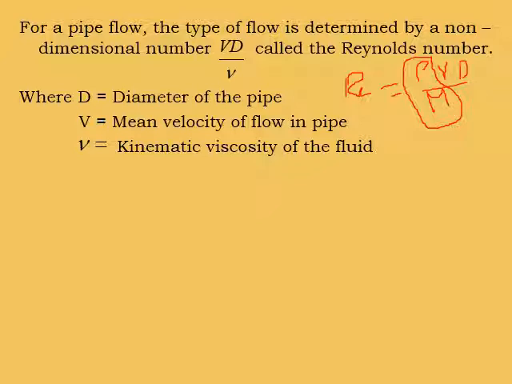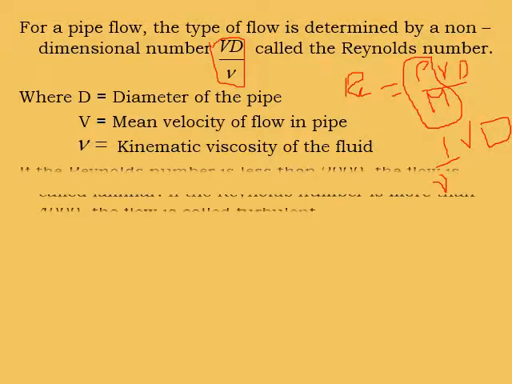Here it is rho by mu, which is the reciprocal, so it is taken as 1 by nu, 1 by kinematic viscosity, and the numerator Vd remains. The same expression is shown here, Vd by nu. That is called the Reynolds number.